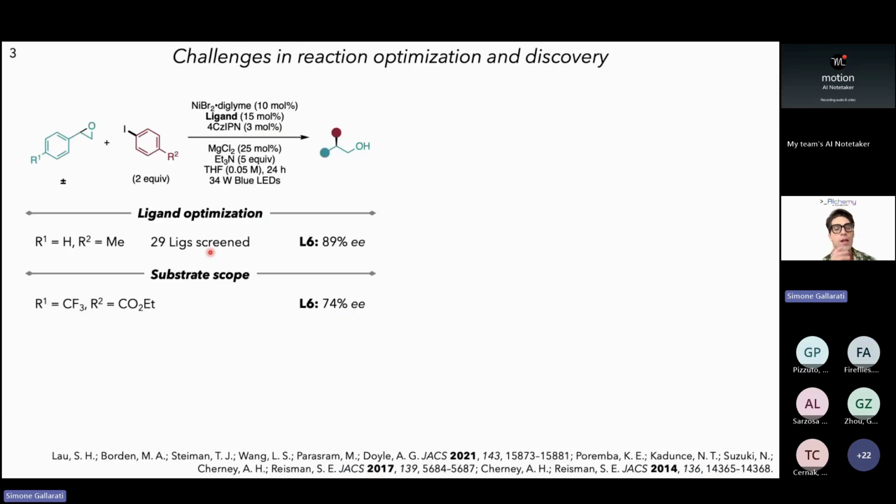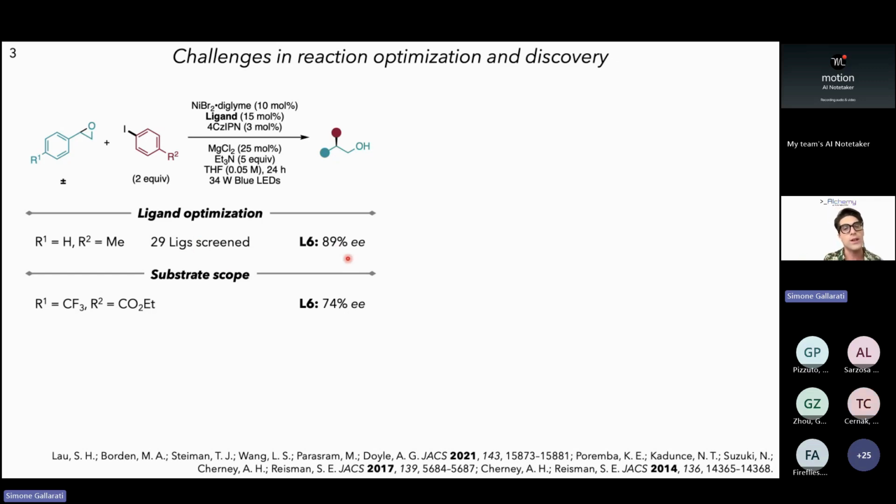So here are some of the typical challenges that we face in asymmetric catalysis in organic chemistry. Take, for example, this nickel-catalyzed cross-electrophile coupling reaction developed by the Doyle Lab. The way we typically optimize a transformation such as this one is that we select a combination of model substrates, and then we screen a variety of chiral ligands to identify the one giving the highest possible enantioselectivity, expressed as EE.